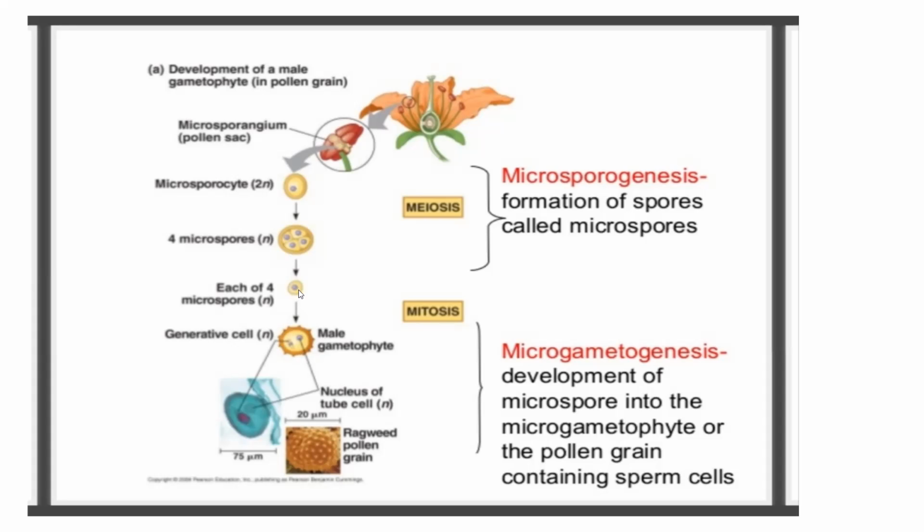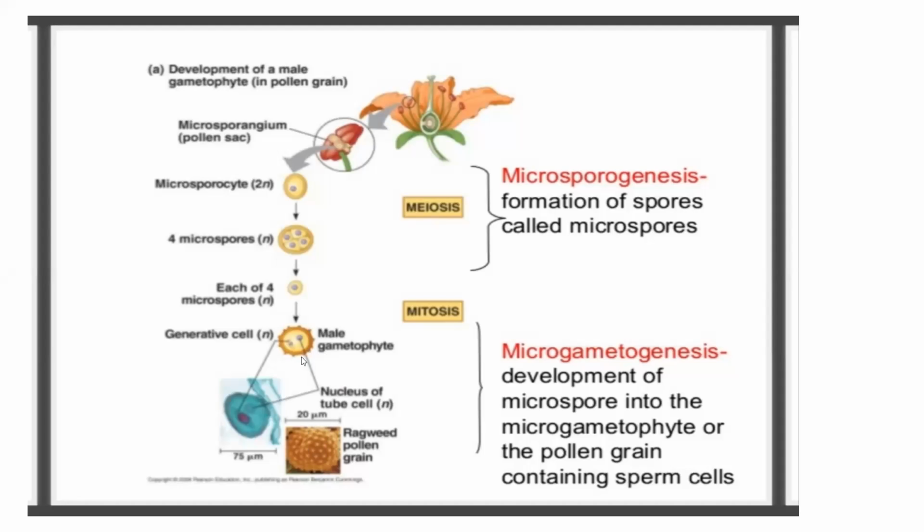So this haploid cell undergoes division and forms 2 cells: one is the vegetative cell and the other is the generative cell. The first formed walled peripheral cell is the generative cell, while the larger naked central cell fills the remainder of the spore wall cavity; that is the vegetative or tube cell.